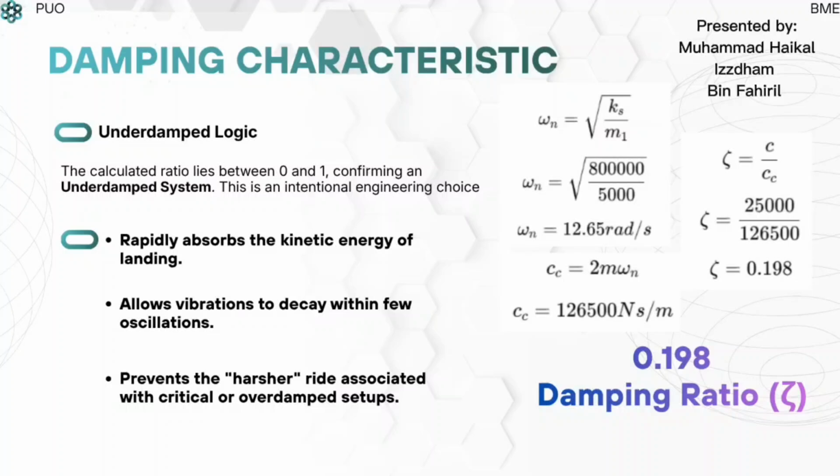Dividing our actual damping by the critical value gives a final damping ratio of 0.198. Because this ratio is strictly between 0 and 1, the system is underdamped. This design allows the landing gear to rapidly absorb energy while letting secondary oscillations decay within a few cycles.